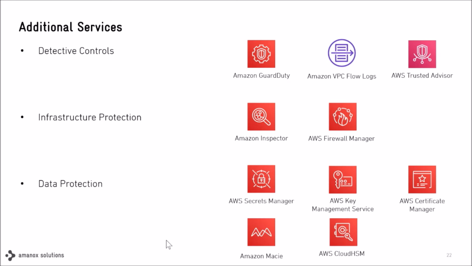And last but not least, data protection through encryption. So know that you can bring your own keys and manage them or create your keys in AWS. AWS Key Management Service, as its name already says, is the service that enables you to do so. So you can manage your secrets, your certificates.